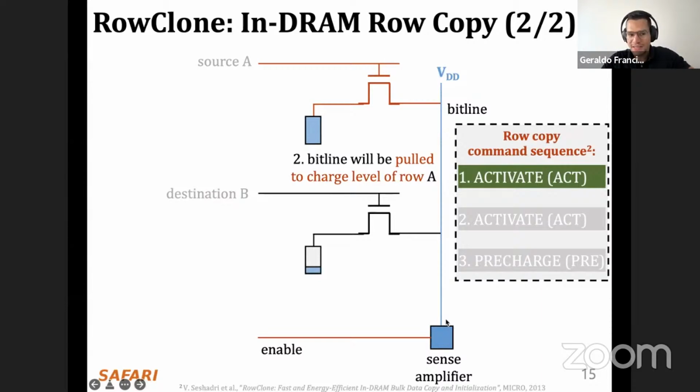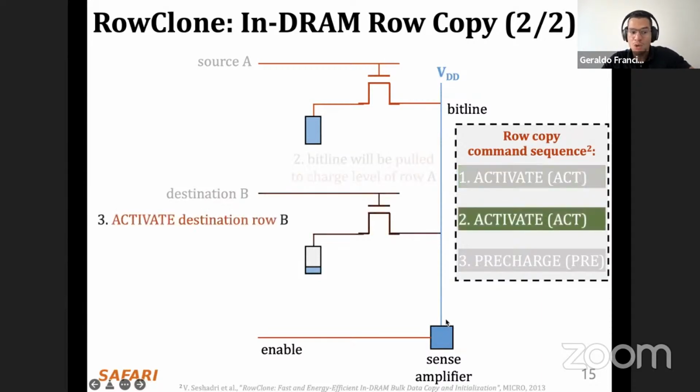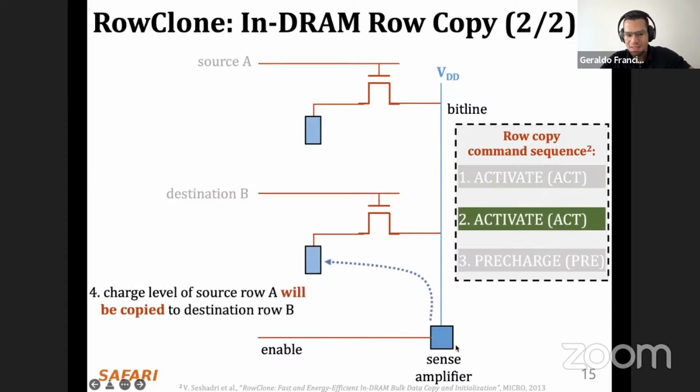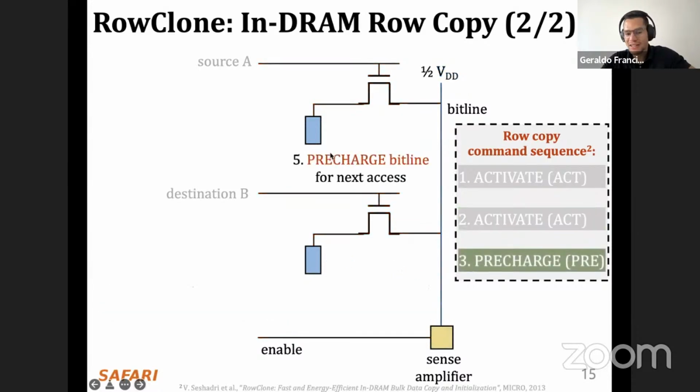Then, without precharging the bit line, we activate the destination row B, which copies the data that was originally in source row A, now in the sense amplifier, into destination row B, overwriting the original data stored in B. Finally, we issue a precharge command again, to prepare the DRAM array for a new DRAM operation.